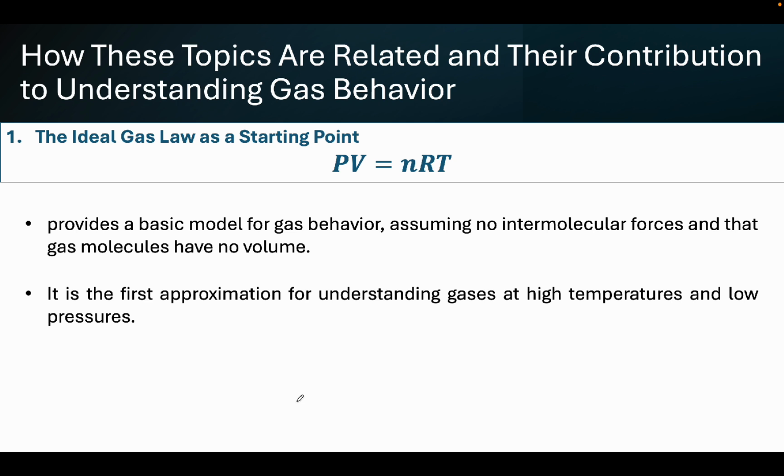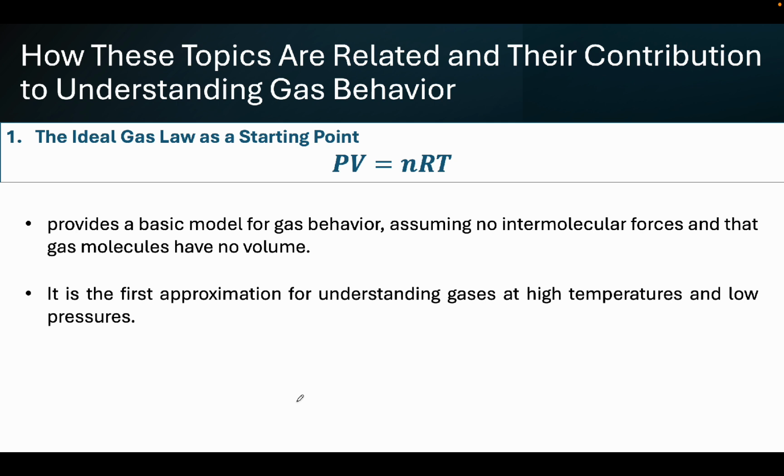They are connected through the kinetic theory of gases and also thermodynamics. Together, they help describe and predict gas behavior under various conditions, from idealized assumptions to real-world deviations.